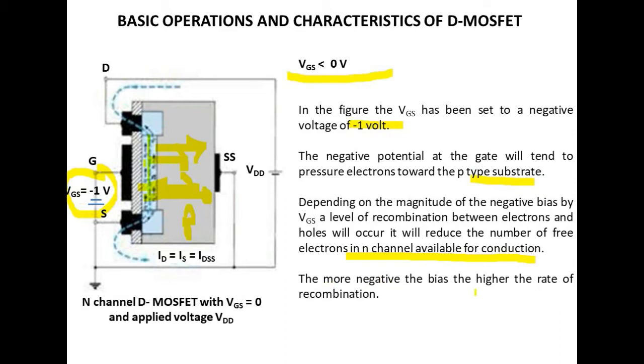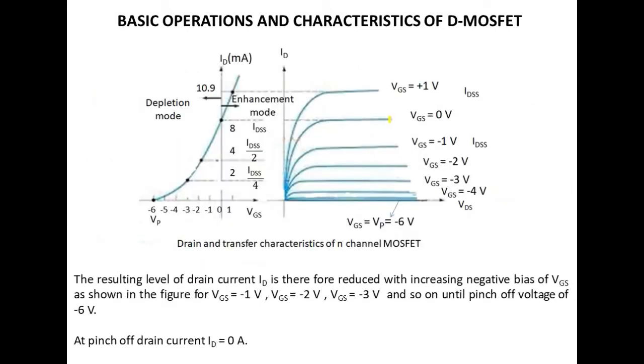The more negative the bias, the higher the rate of recombination, because if we apply more negative bias, more holes will be attracted in this direction, so more recombination will result, so more electrons will be reduced. Now talk about this figure. When VGS equals 0, we are getting the current equal to IDSS.